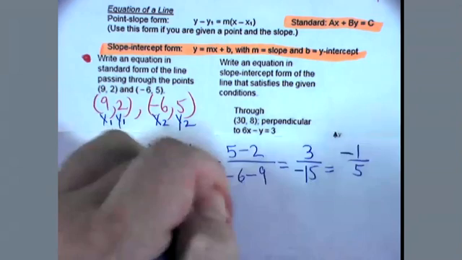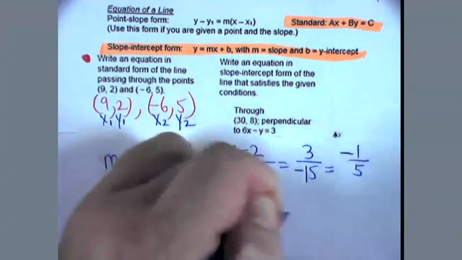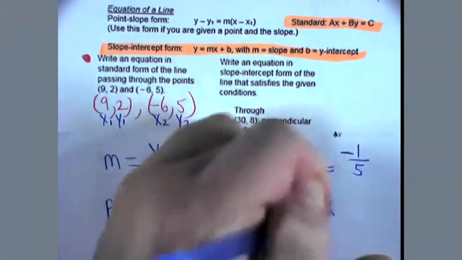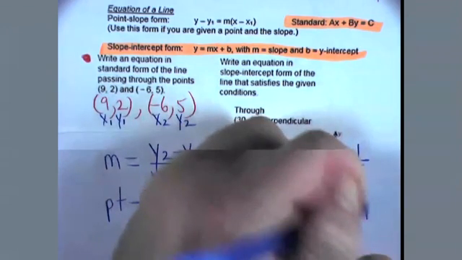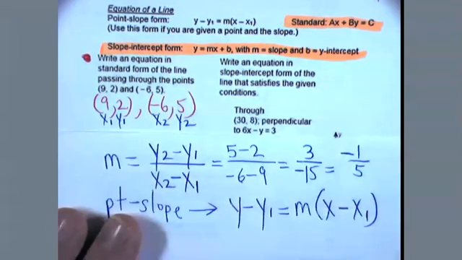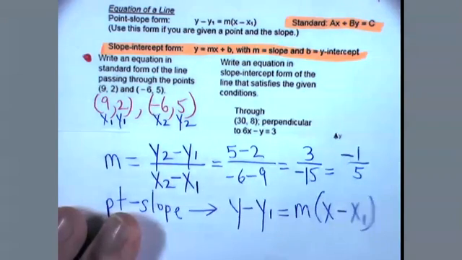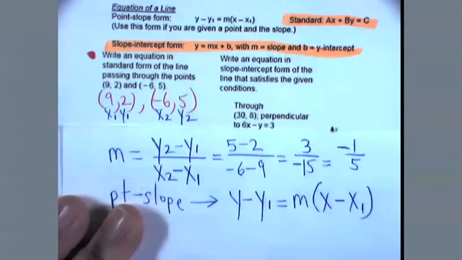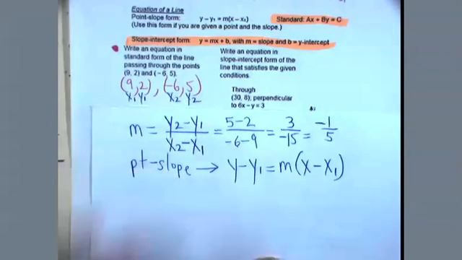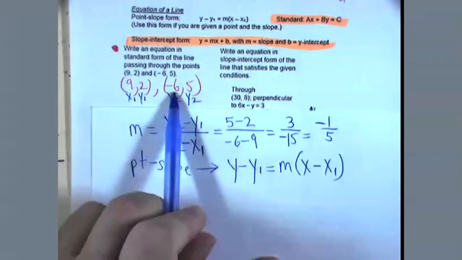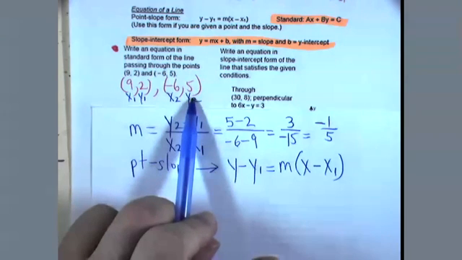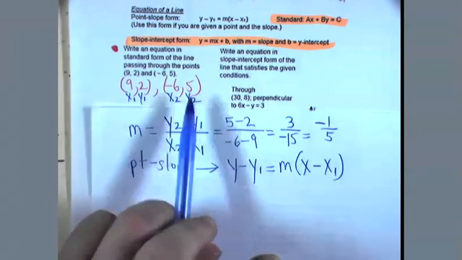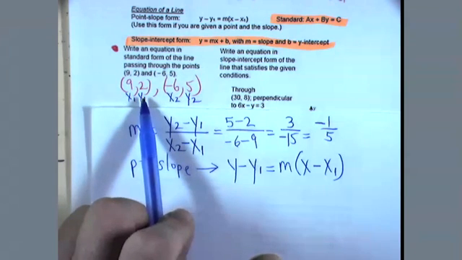And it is y minus y sub 1 equal to m times x minus x sub 1. Now the point that you choose does not matter. You could plug in negative 6 for x sub 1 and 5 for y sub 1, or you can use the first ordered pair.